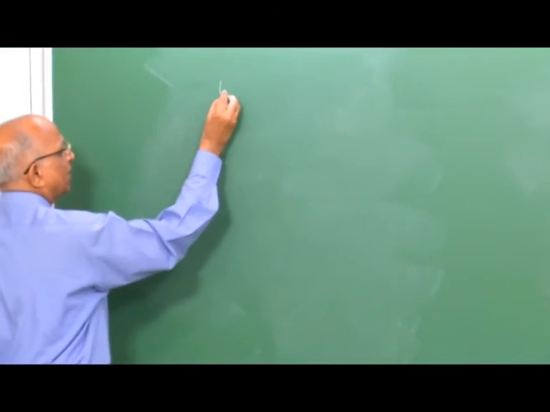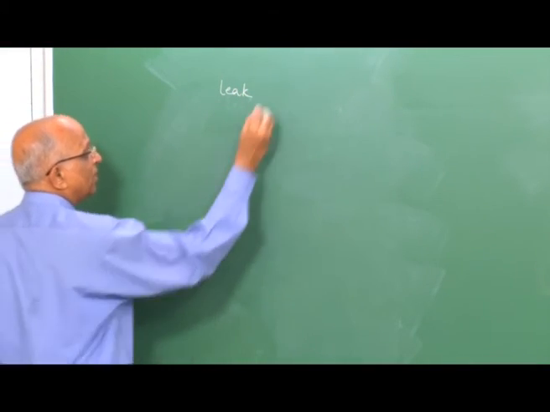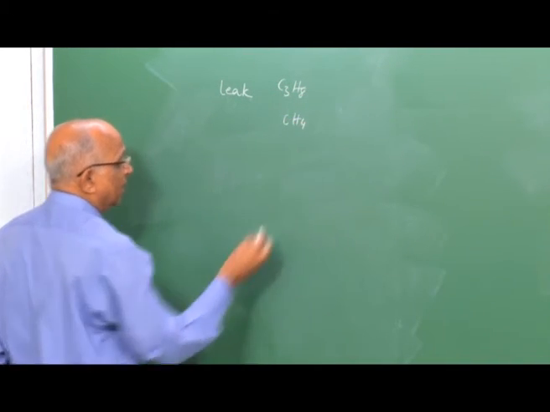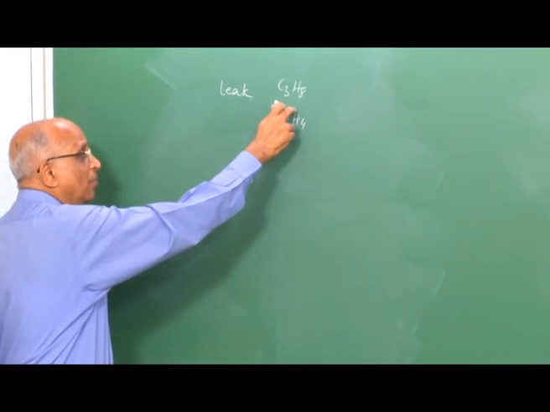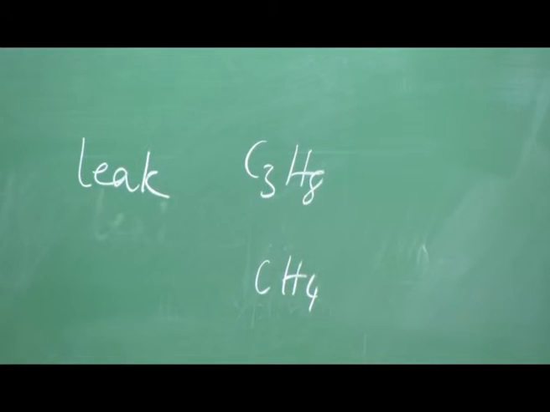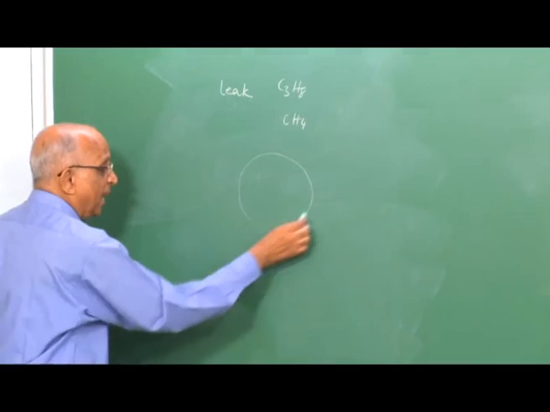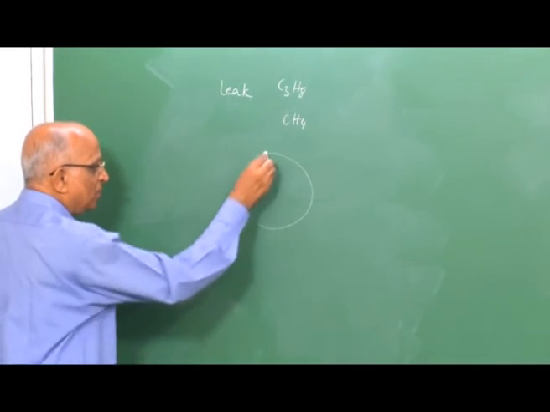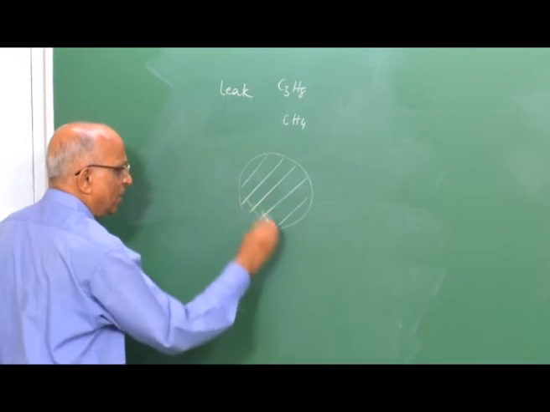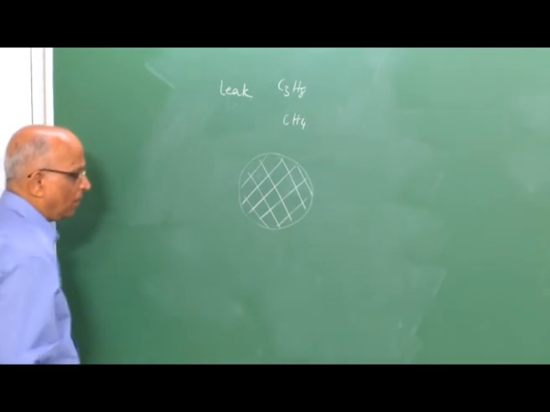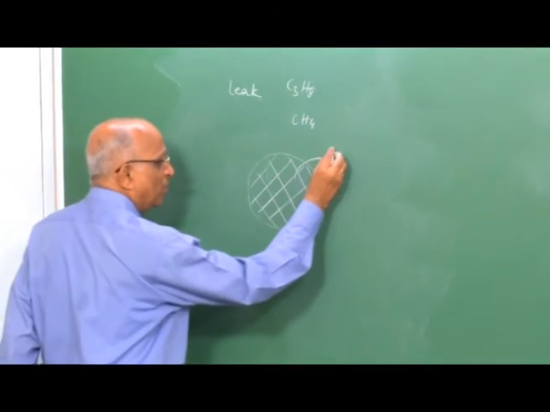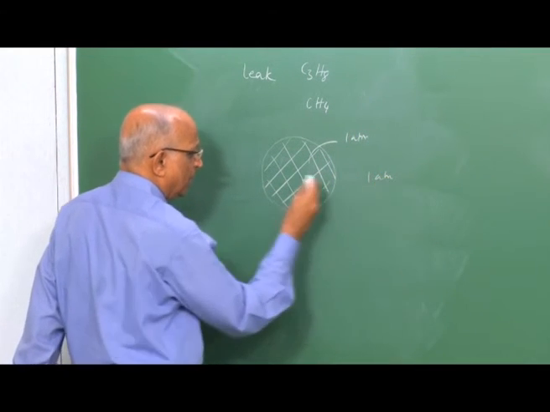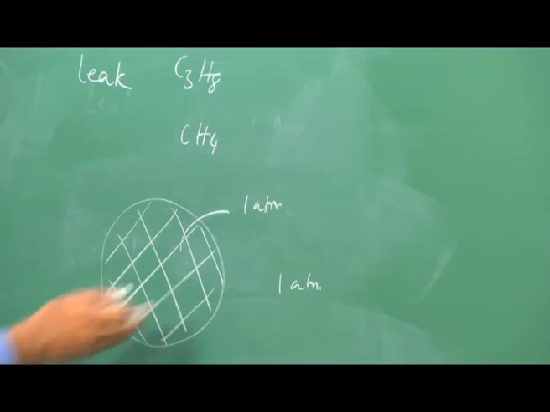Supposing I have a leak of propane, C3H8, or let us say I have a leak of methane, such as it happened in the Ural Mountains in 1989, in which a huge cloud of methane air mixture formed because of a pipeline burst. And supposing I have this methane air accumulated as a huge cloud. Mind you, this cloud is at atmospheric pressure, the ambient is also 1 atmosphere pressure, therefore it is just an unconfined cloud as it were.